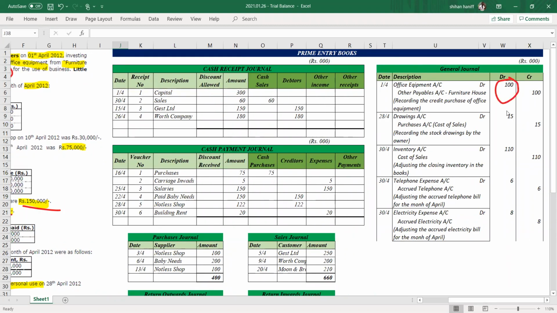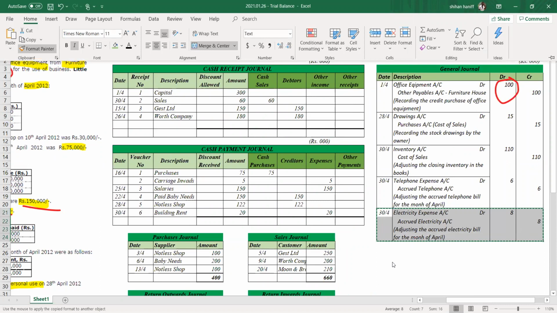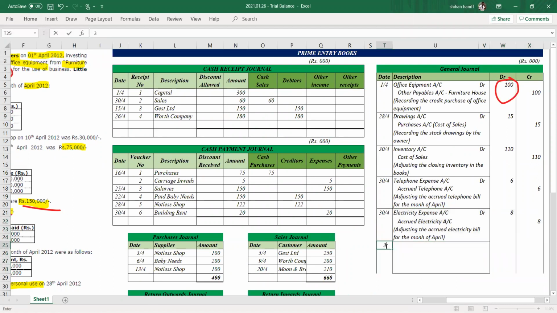Let's calculate the depreciation. How much is the depreciation? Can you all tell me? Double entry for depreciation is depreciation account debit, provision for depreciation account credit.